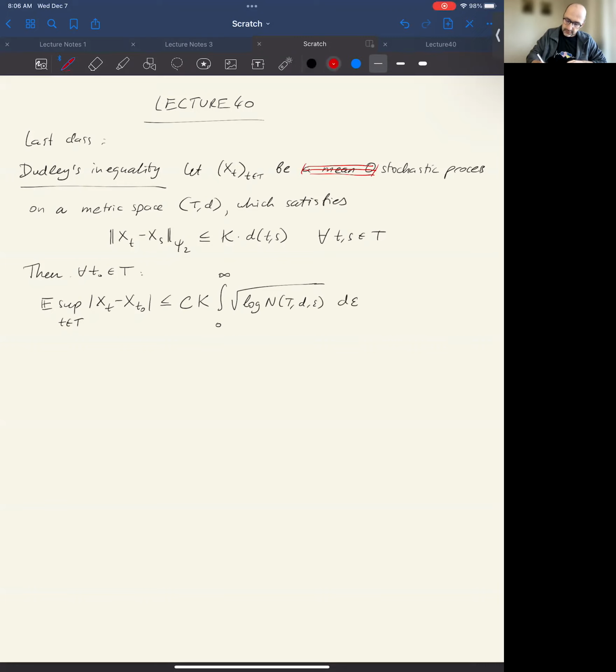N(T, d, epsilon) is the covering number. Covering number is simply the smallest number of epsilon-balls needed to cover T. The logarithm of that number is called metric entropy.